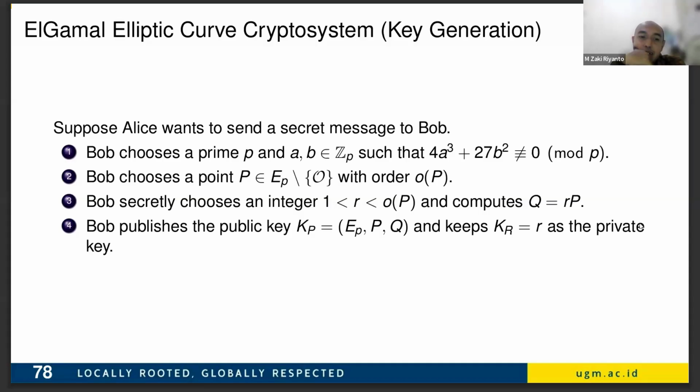And then Bob secretly chooses an integer r and computes Q equal to rP, and publishes the public key Kp, that is the elliptic curve Ep, and then the point P and the point Q, and keeps the value of r. So r is the private key.